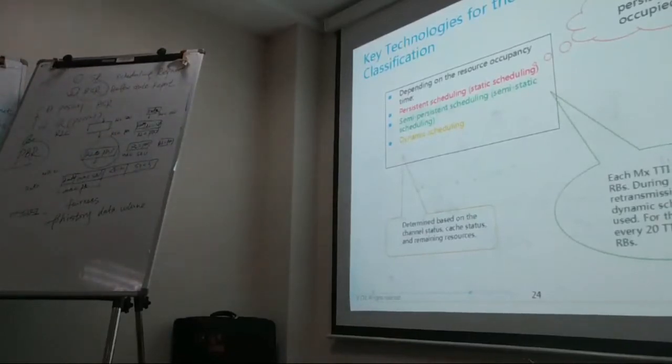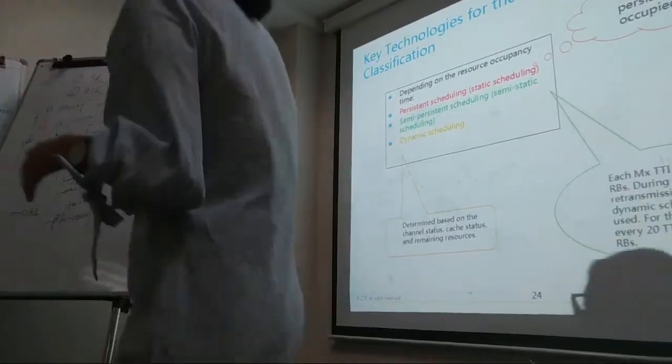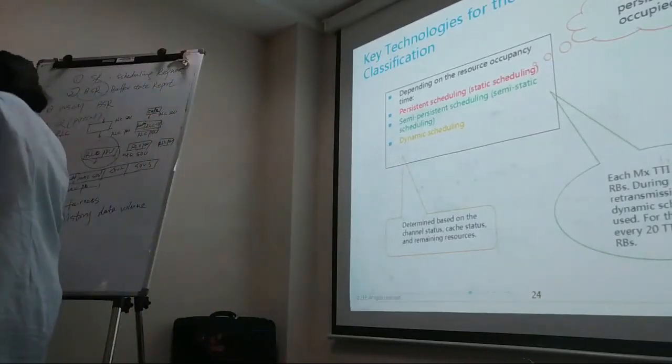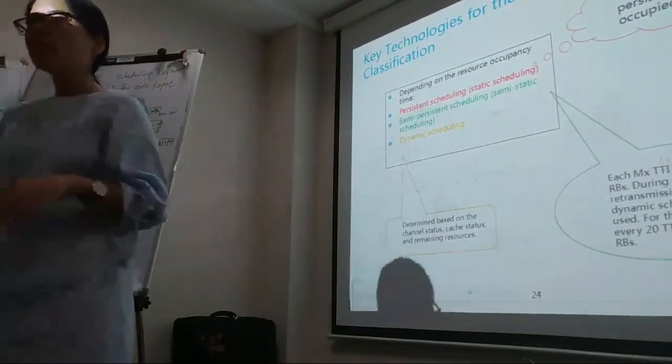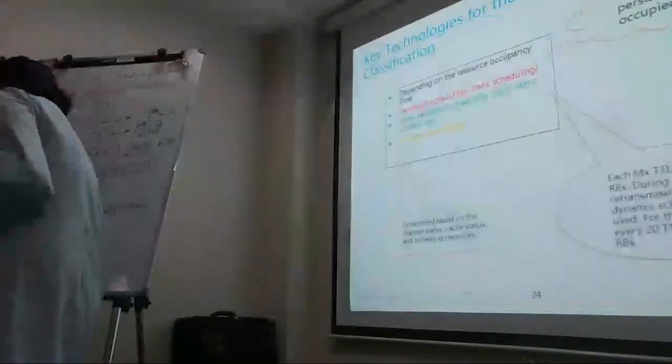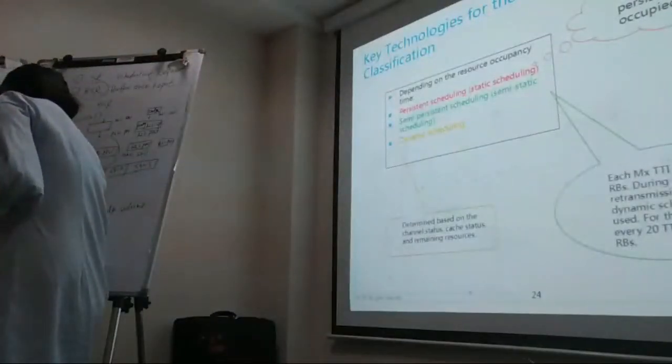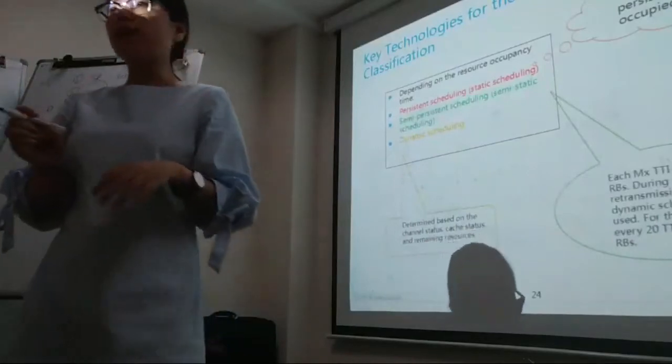The semi-persistent is for when the service is periodic, so we know the service has a period, such as VoLTE. In VoLTE, the voice data is generated around every 20 milliseconds, every 20 milliseconds a voice codec.